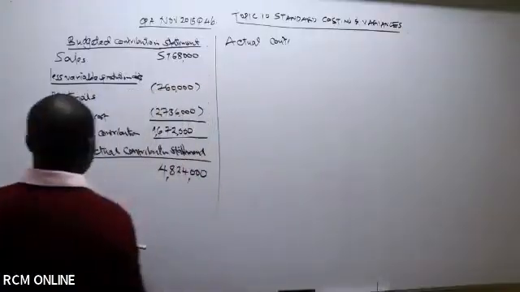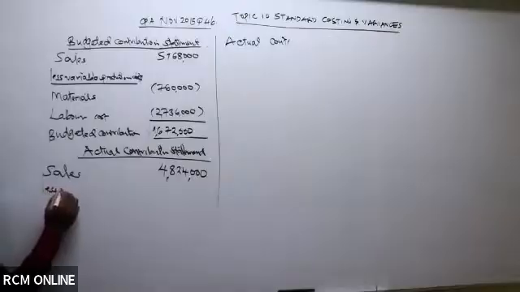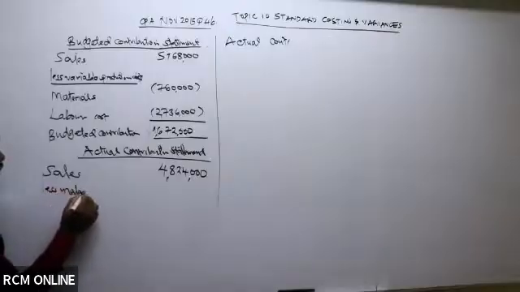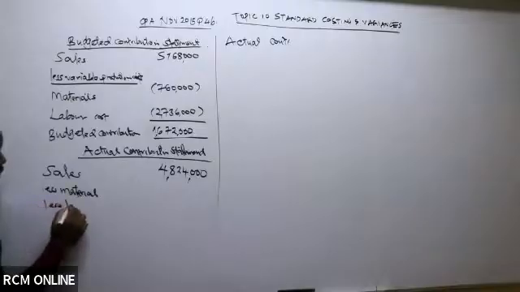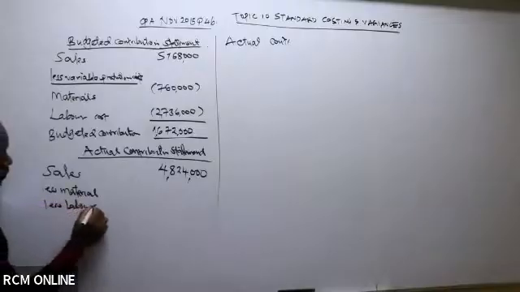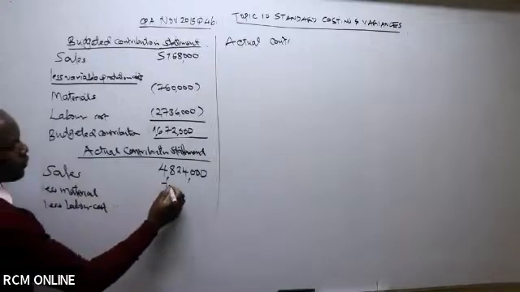Then you move to the next one. So from the same, you need less material, right? So less the actual materials cost. Then of course, less labor cost. The actual material cost as per this question, 754.